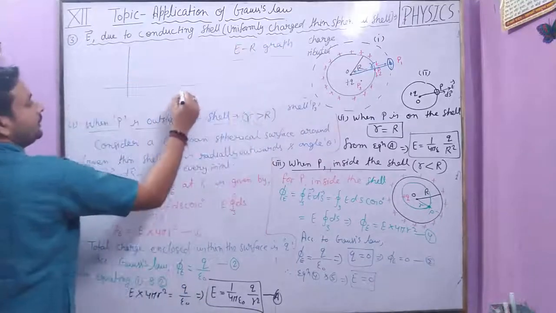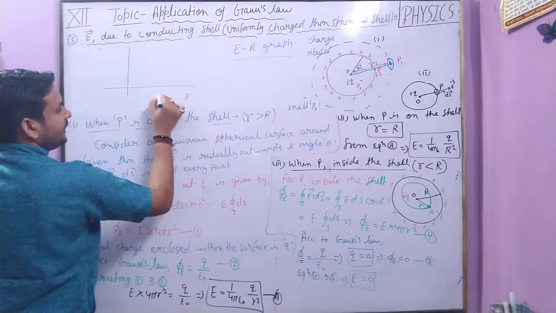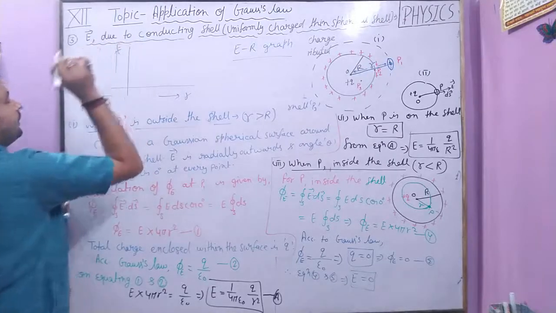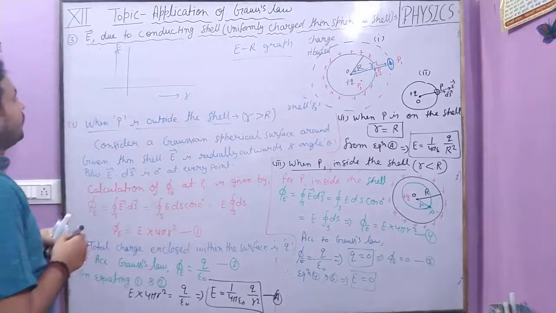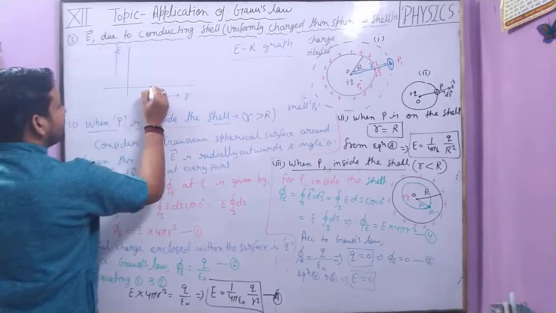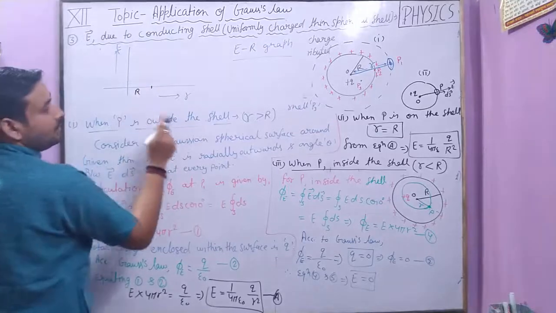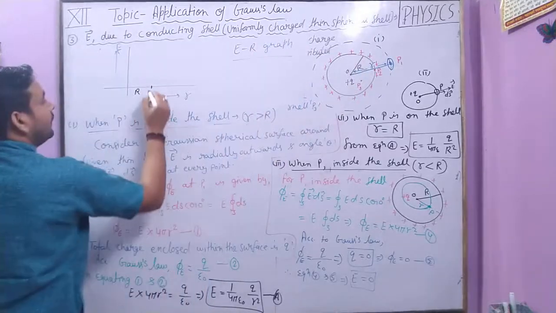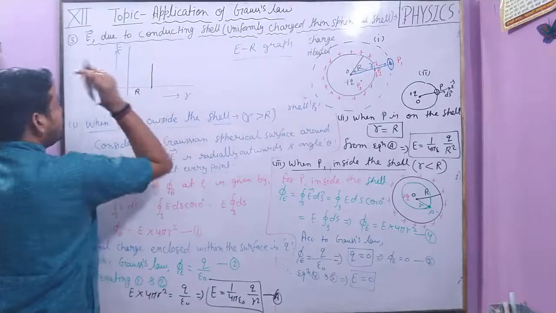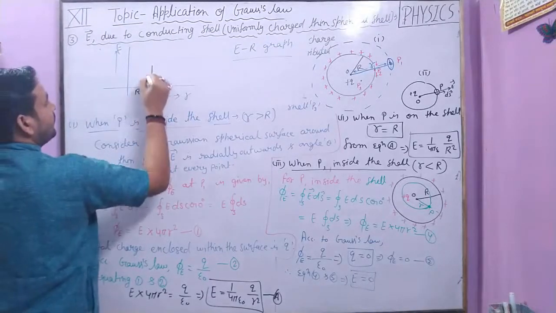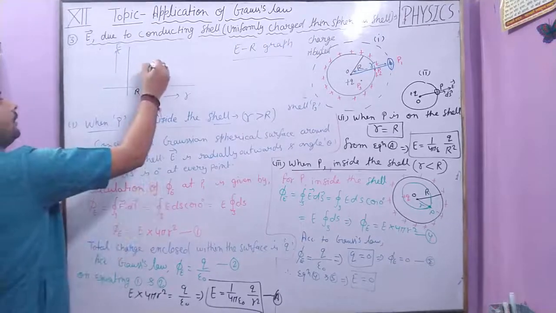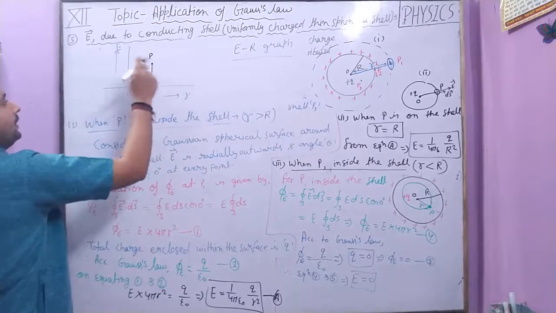Okay, this is distance, this is the value of electric field. Let's say this is the radius of the cell, and this is the maximum value. This is equal to R, and here is the point P.